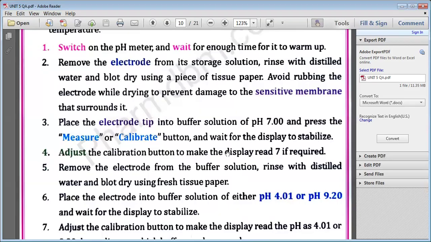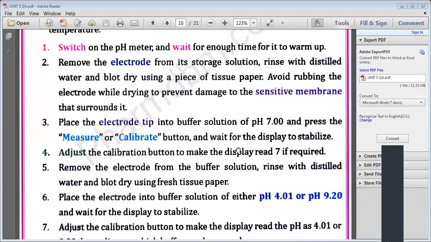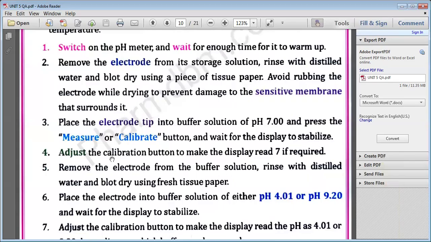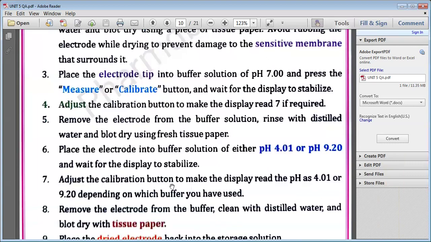Adjust the calibration button to make the display read 7 if required. Remove the electrode from the buffer solution, rinse with distilled water and blot dry using fresh tissue paper.